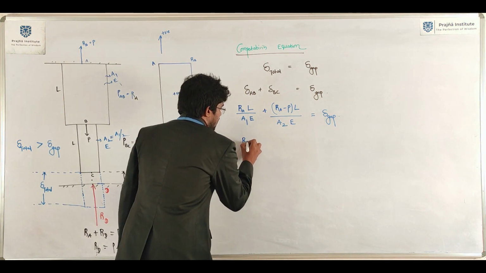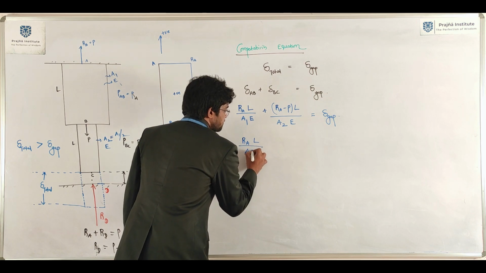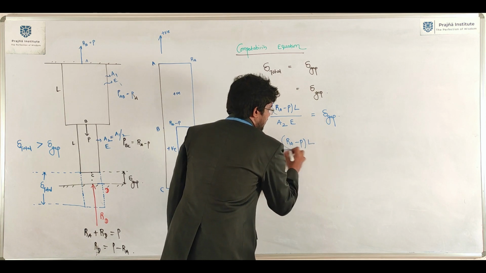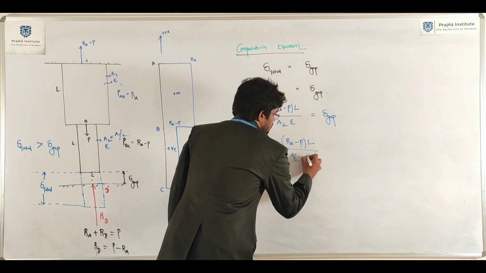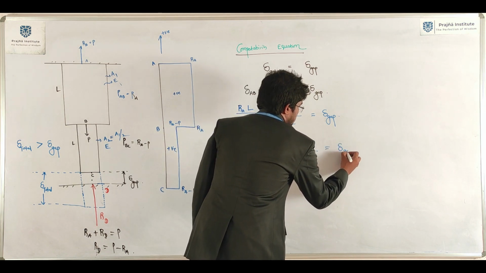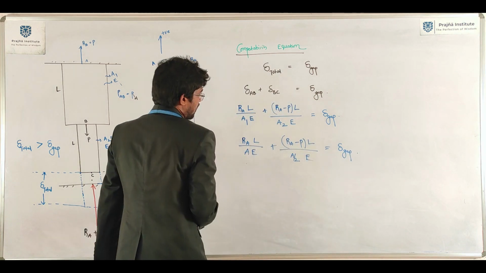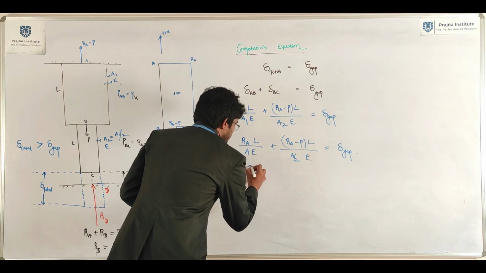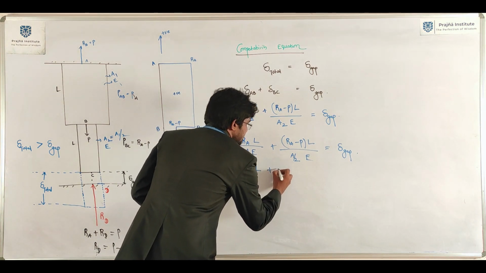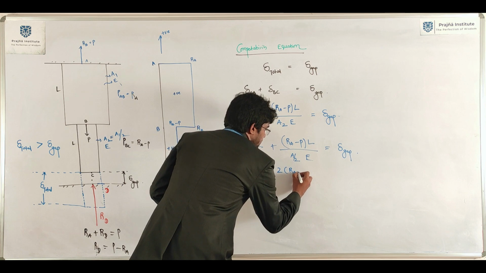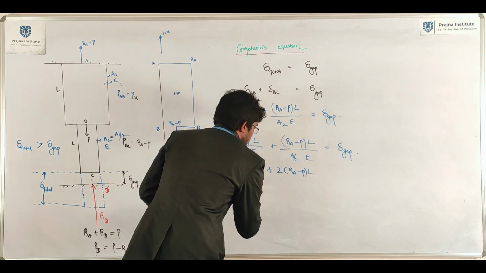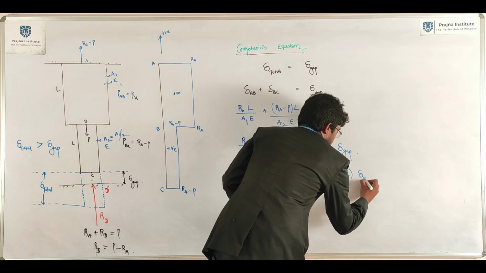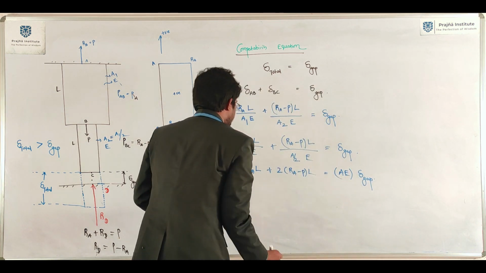In that case, RA into L by AE plus (RA minus P) into L by (A by 2) E equals delta gap. In this case, how to determine the magnitude of A? That is the game here. RA into L plus 2 times (RA minus P) into L equals AE into delta gap.